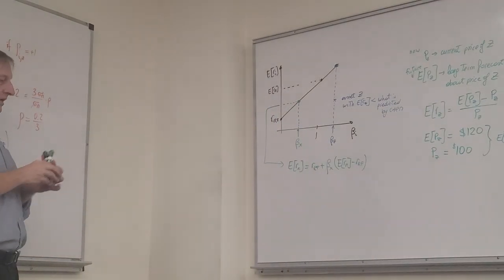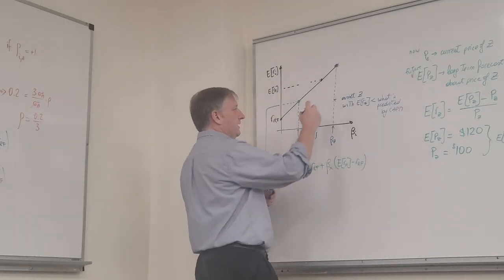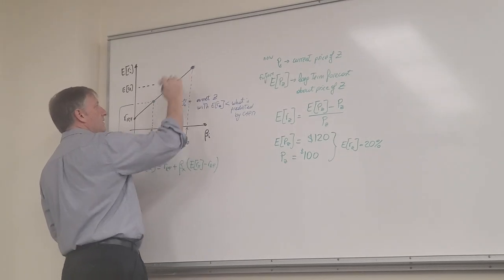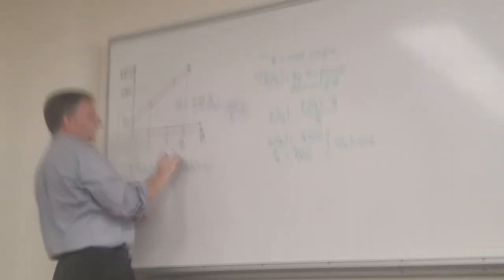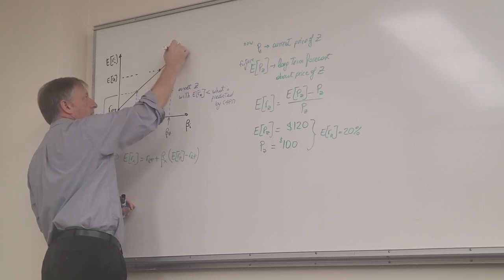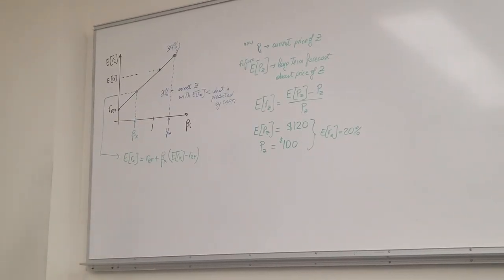All right. Now let's suppose that this is 20%, but the fair return for assets with this level of risk is 34%. So given those parameters, that is possible, right?